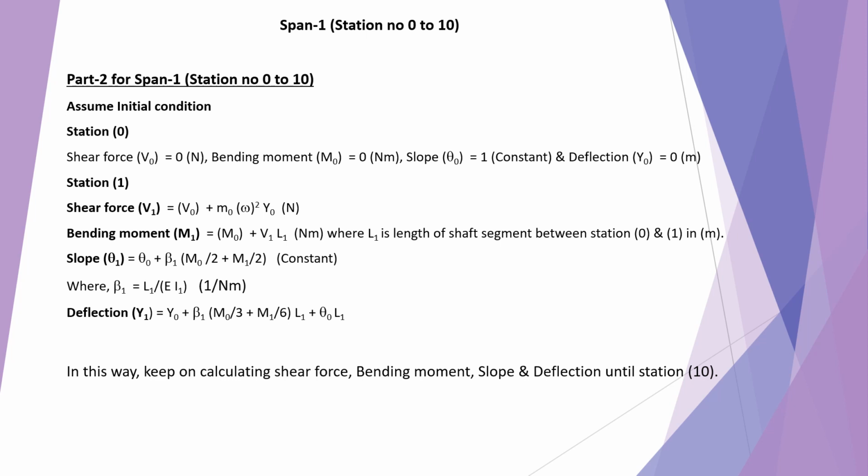Slope theta 1 is equal to theta 0 plus beta 1 into bracket start M0 by 2 plus M1 by 2 bracket close, and deflection Y1 is equal to Y0 plus beta 1 bracket start M0 by 3 plus M1 by 6 bracket close into L1 plus theta 0 L1. In this way, keep on calculating shear force, bending moment, slope and deflection until station 10.